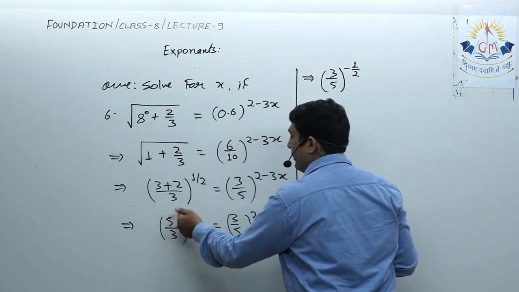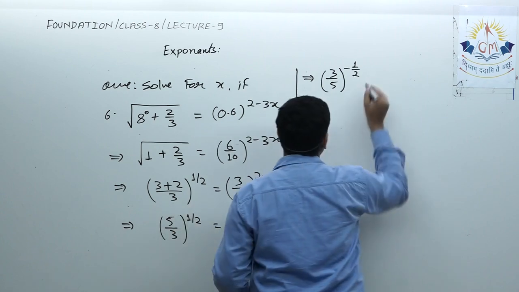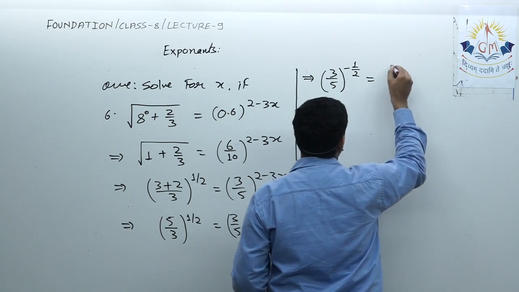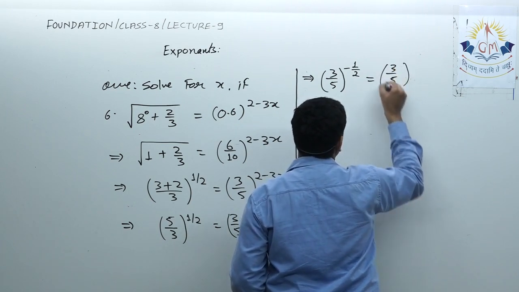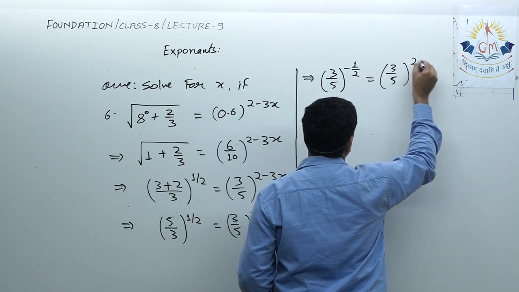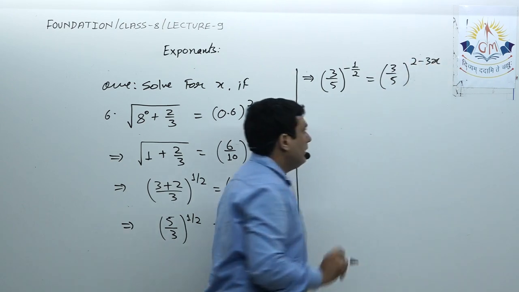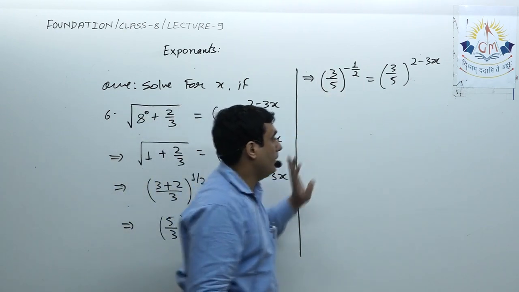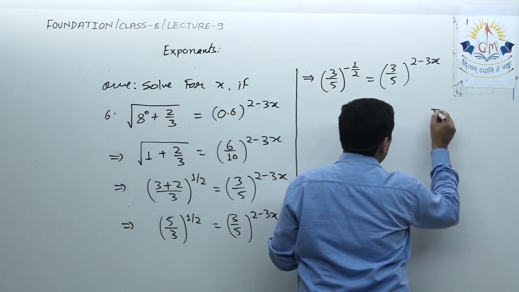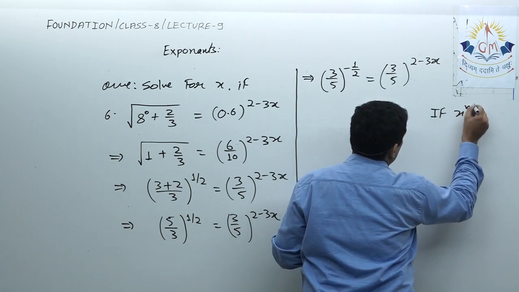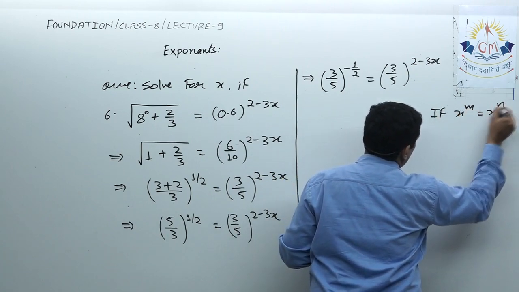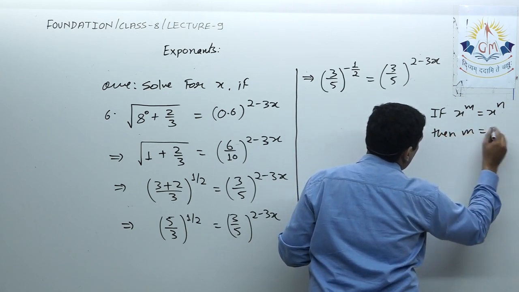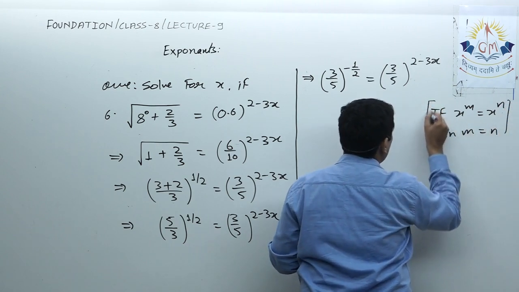As I am interchanging the numerator and denominator, I will change the sign of the power. And on the right hand side I already have 3 upon 5 raised to 2 - 3x. Now it is ready to apply the law in which bases are the same. And again I am repeating, if x raised to m is equal to x raised to n, then m is equal to n. I am applying this particular law.